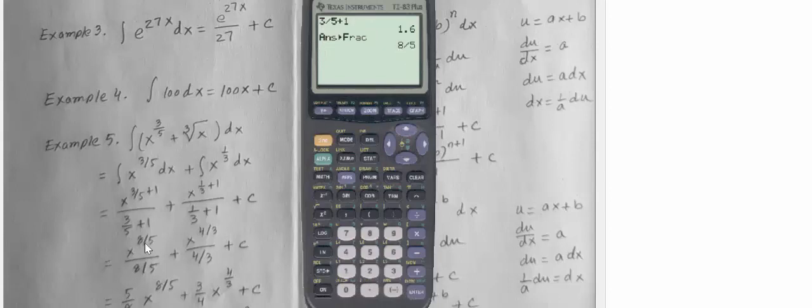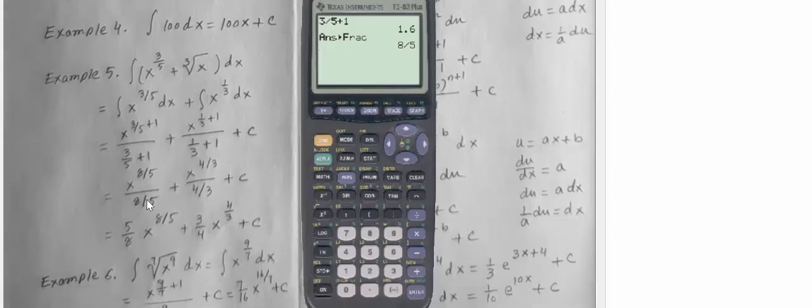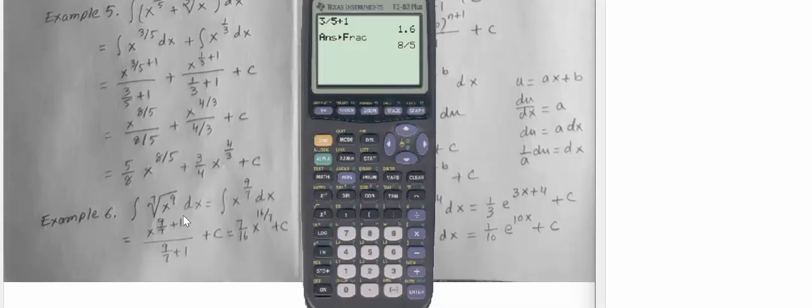So that is exactly right here. And the same way you can try with 1/3 plus 1, that will give you 4/3. And when this one goes in the denominator, you put it up in reciprocal form. That makes it 5 over 8 then. And 4/3 makes it 3 over 4, right? And that's your integral.